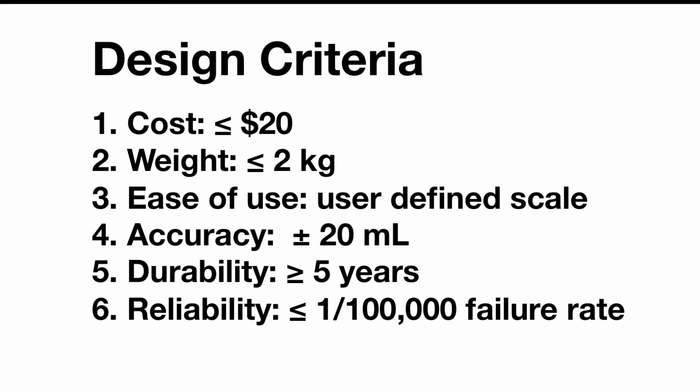For accuracy, we wanted something under plus or minus 20 mils instead of an actual percent of IV fluid dispensed. As for durability, we decided on something that lasts more than 5 years. And for reliability, we quantified that as a failure rate of less than 1 failure per 100,000 uses.